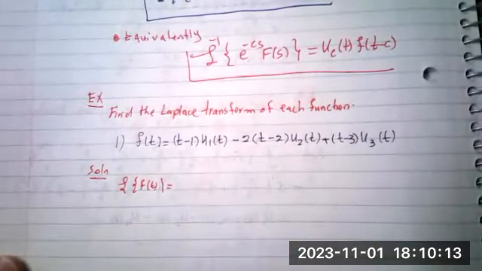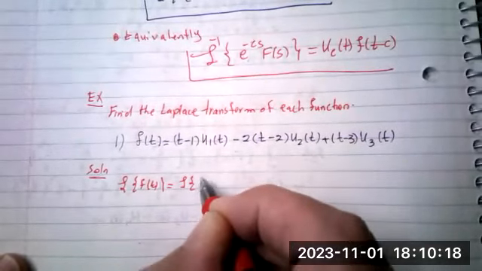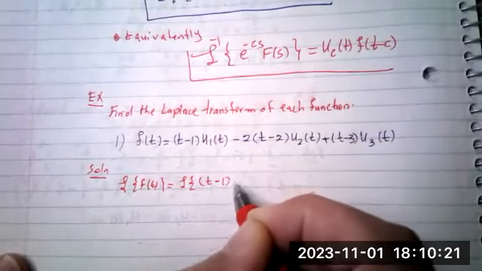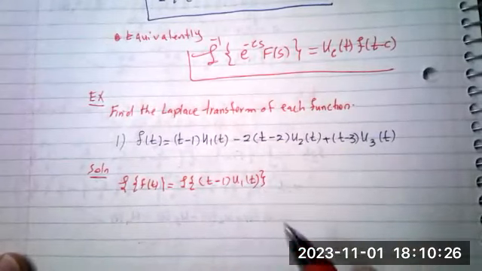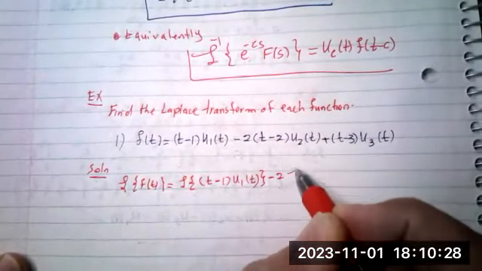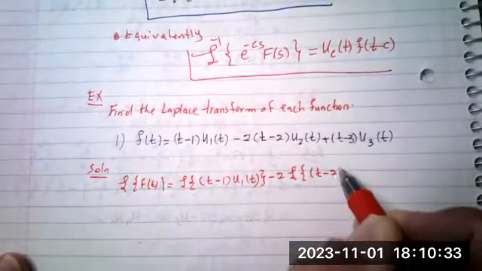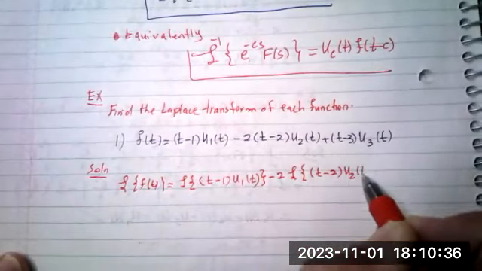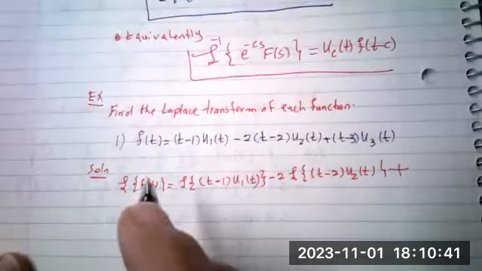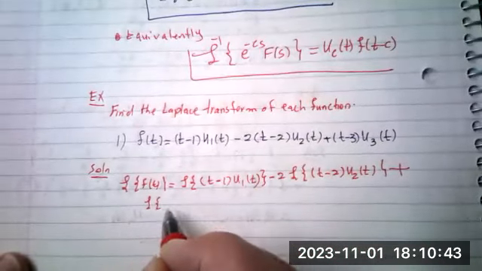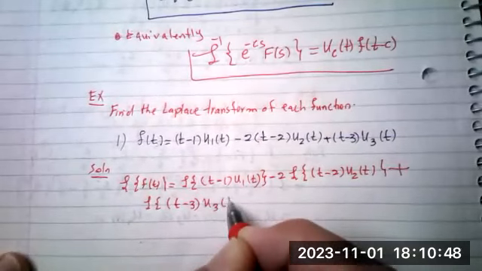It's going to be equal to the Laplace of the first one, Laplace of (t minus 1) u1 of t, that's the first one, minus 2 Laplace of (t minus 2) u2 of t, and plus the last one, the Laplace of (t minus 3) times u3 of t.